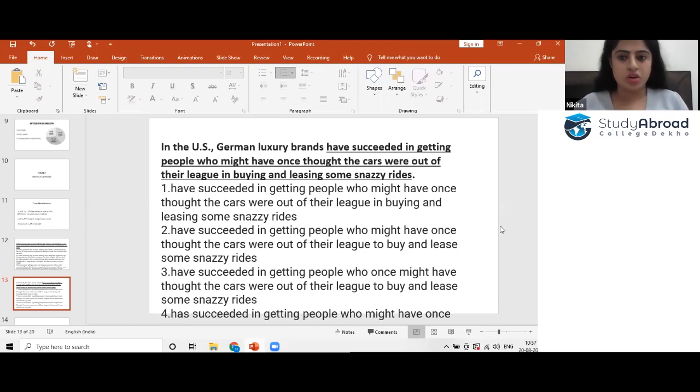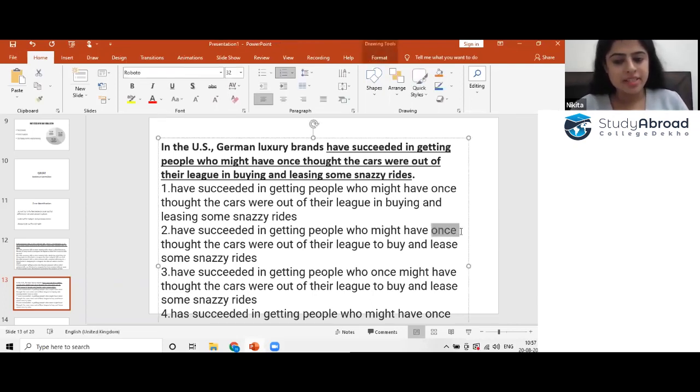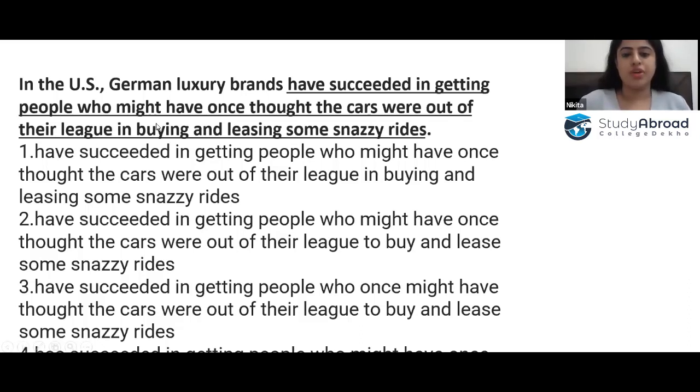And the other says in getting people who once might have thought. So the correct placement of once is in the second sentence, which brings us to the conclusion that B, or two in this case, is the right answer. All right.